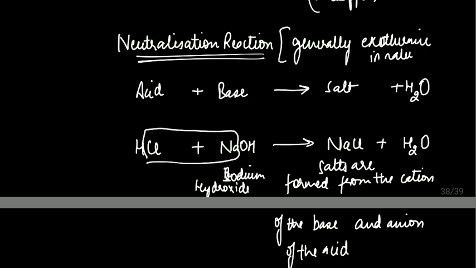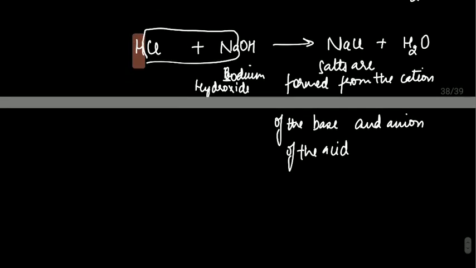There are multiple types of neutralization reactions that we can discuss in acids, bases and salts. So remember one thing, if you see any kind of acid, if there is a hydrogen, that means it has the capability to release H plus ions or hydronium ions in the presence of water. So we call it an acid only because of this.